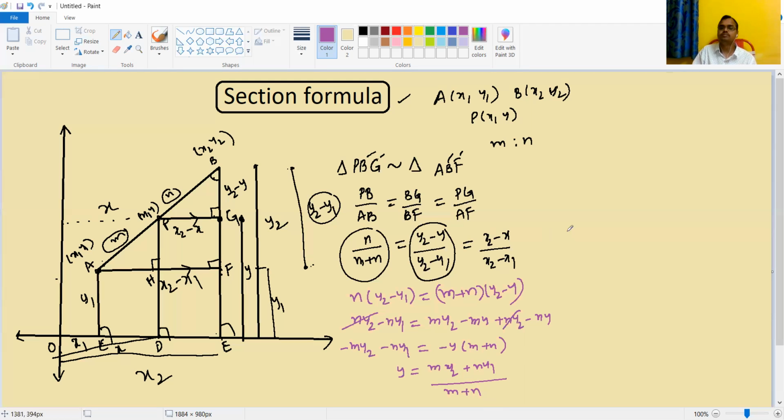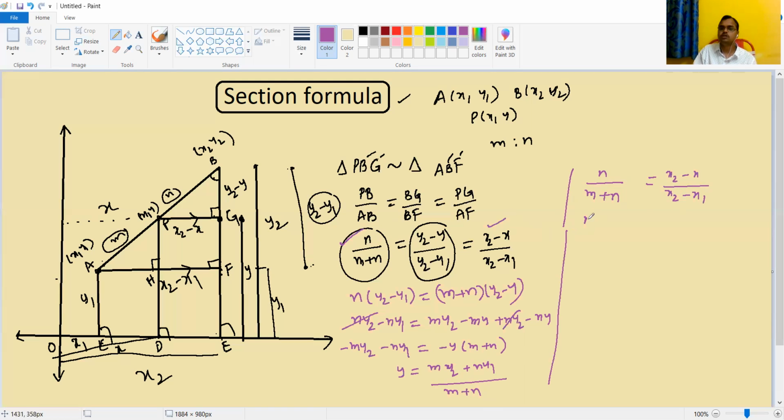Now you equate first and last. That is n by m plus n is equal to x2 minus x by x2 minus x1.